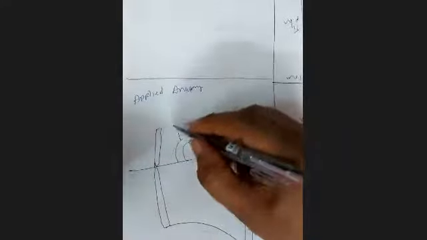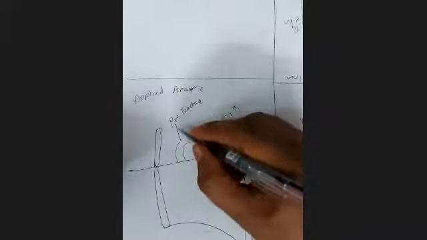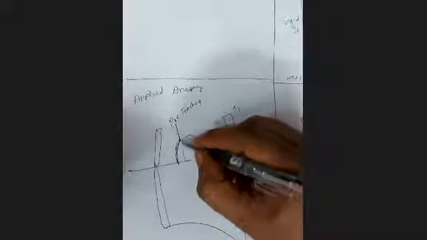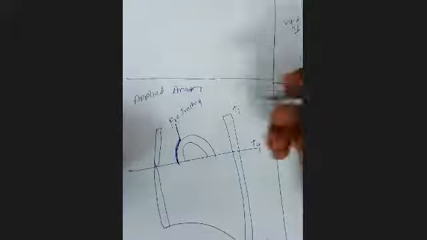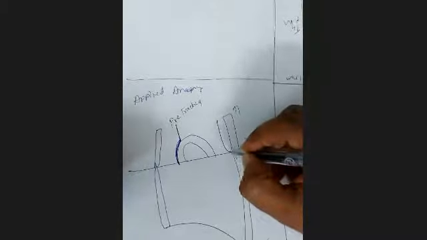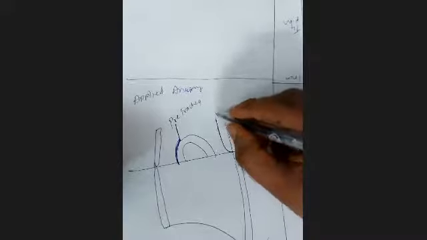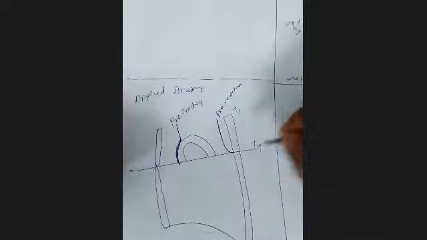The pretracheal layer of cervical fascia merges with the tissue around the aorta. The prevertebral layer gets attached to T4 level.